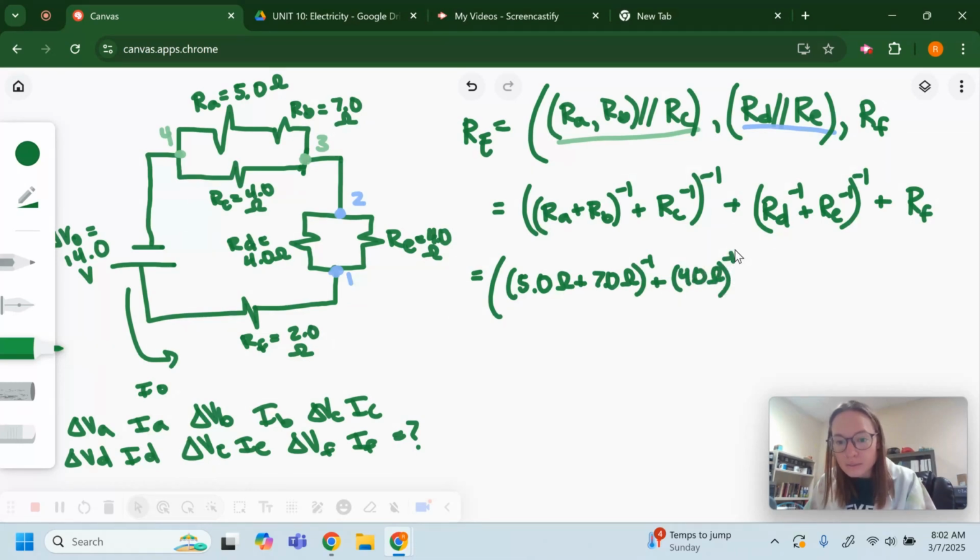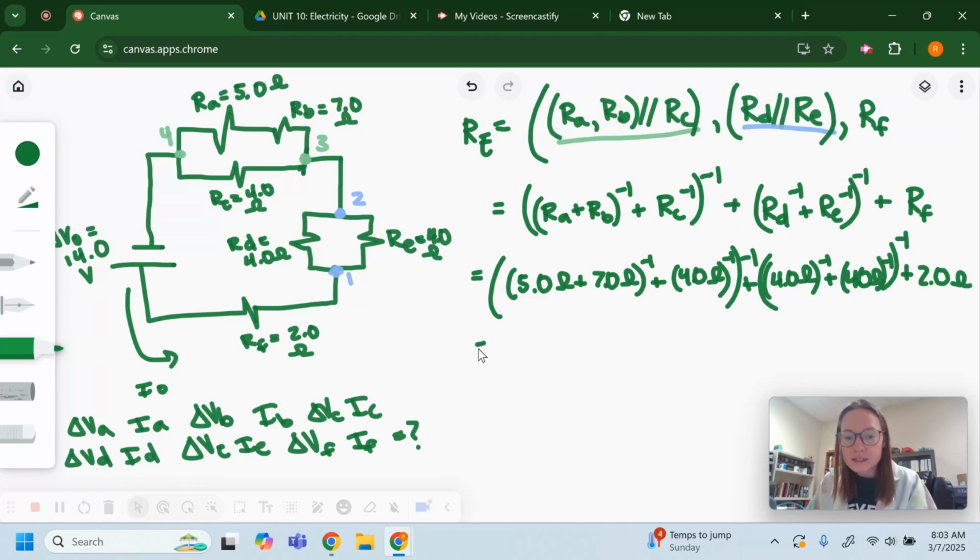I'm going to be mindful of my space here. We're about to run out of it. For R_D, I plug in also 4.0 ohms. For R_E, I plug in 4.0 ohms. And then lastly, I plug in R_F, which is 2.0 ohms.